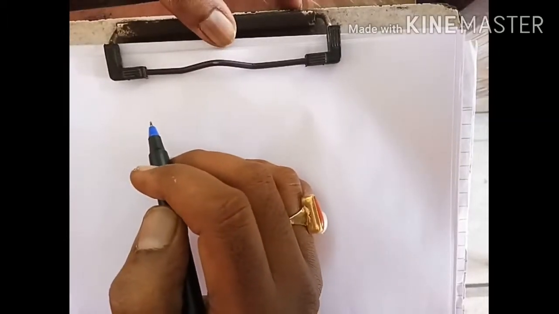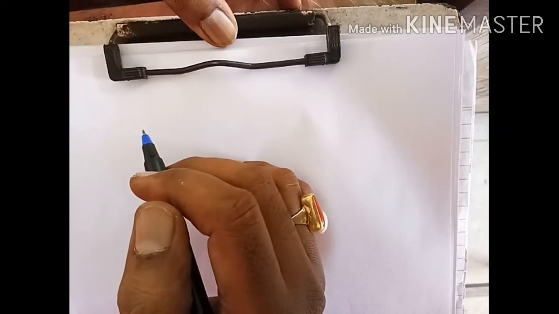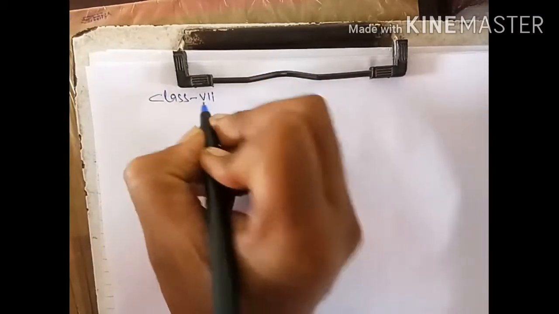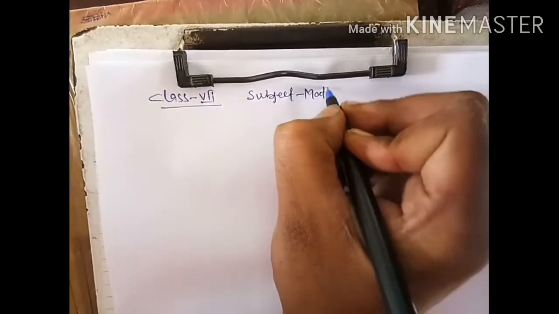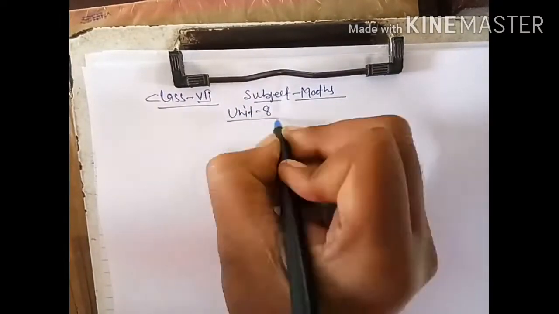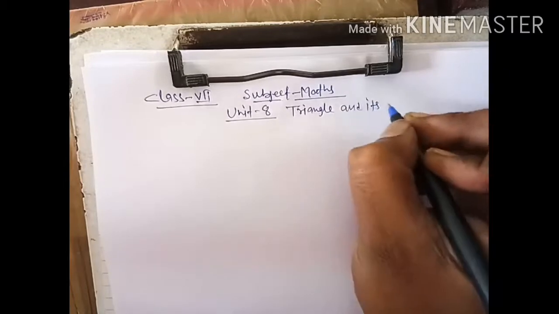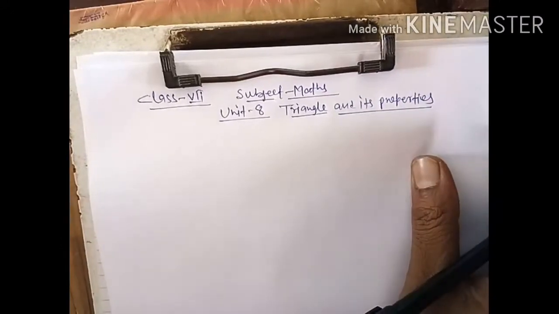Dear student, in this video we will learn worksheet 2 of unit 8, angle sum property of triangle, angle sum property of equilateral triangle. Class 7, subject maths, unit 8, triangle and its property.